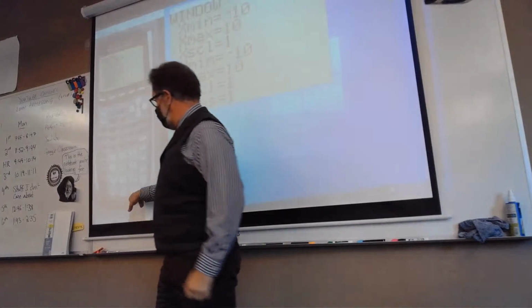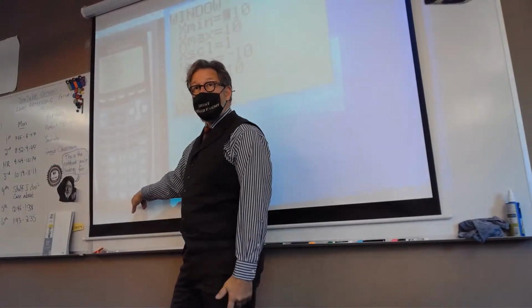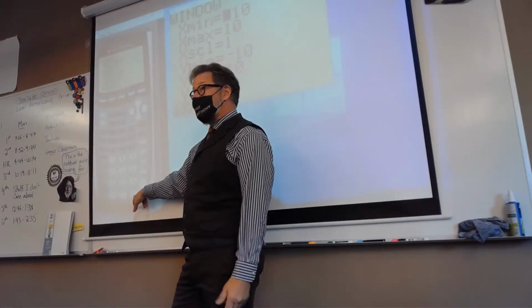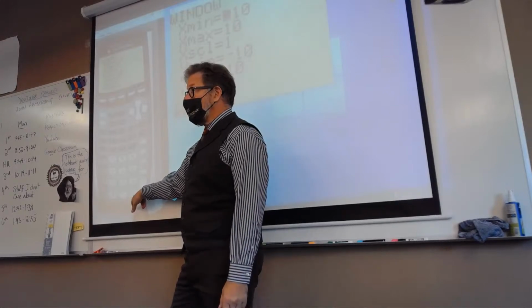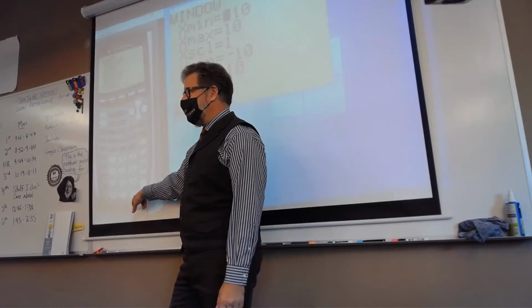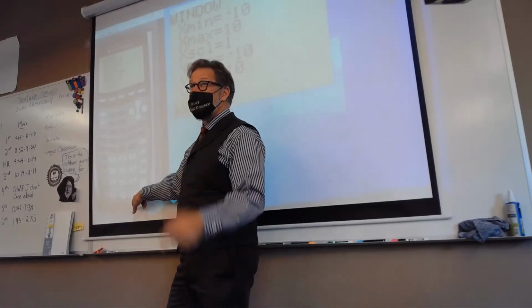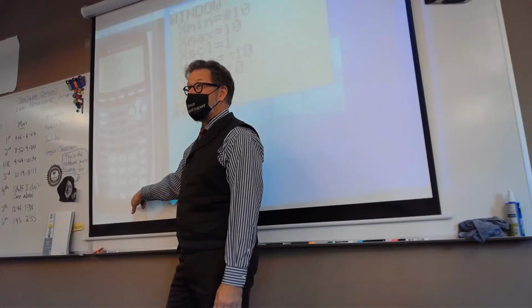Be careful. Everybody look down here. See the little minus in parentheses? You know how we always told you that subtract and minus were the same thing? Your calculator does not recognize subtract and negative as being the same thing.